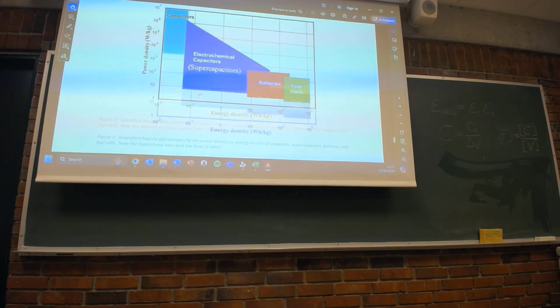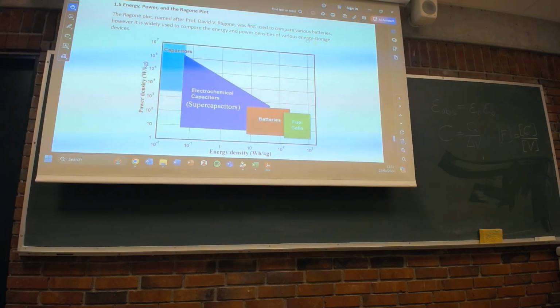So I want to show you this thing called the Ragone plot. It's named after this professor. I think he was at Case Western University, which is an American school. And he was trying to find ways of comparing different types of batteries, like nickel cadmium, lead acid. So lead acid is the kind you have in gas-powered cars.